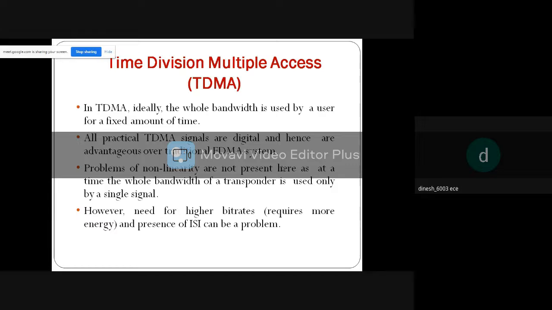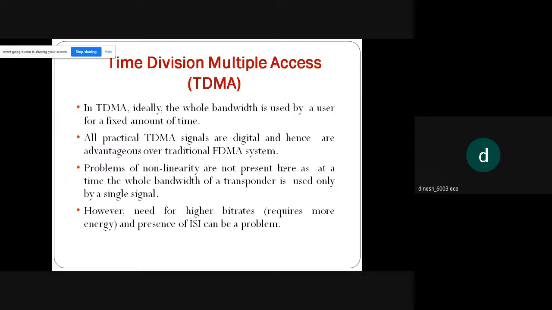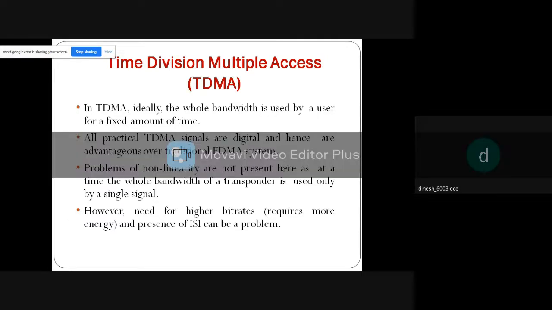Depending upon the number of users, the time is allotted. All the practical TDMA signals are digital, and hence have advantages over the traditional FDMA systems. The problems of non-linearity are not present here because the whole bandwidth of the transponder is used only by a single signal.